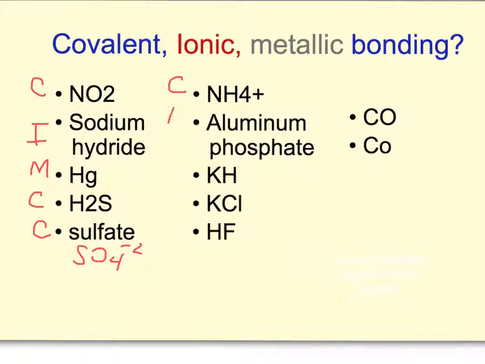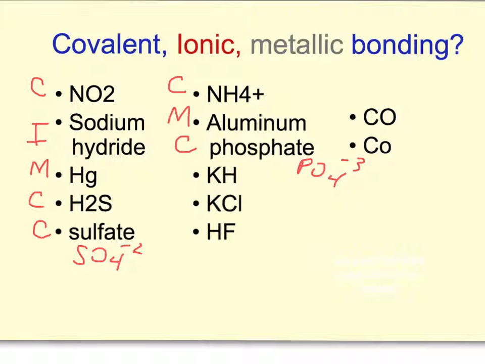Aluminum by itself makes metallic bonds. Phosphate, again, if we look up phosphate, that is PO4 with a -3 charge. Both phosphorus and oxygen are nonmetals, so we have a covalent bond.